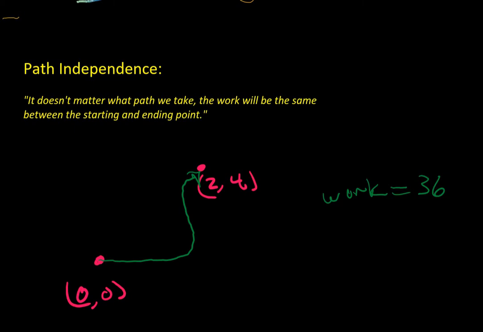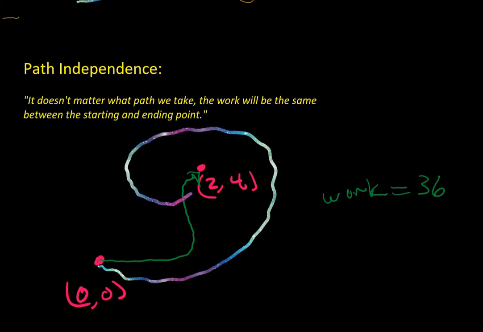But if I were to take a different route and go this way to get to that point, the work would still be 36. It doesn't matter which path you choose, the amount of work is independent of the path. So that concept is called path independence. Now, how we can use it to our greater good, we will determine soon.